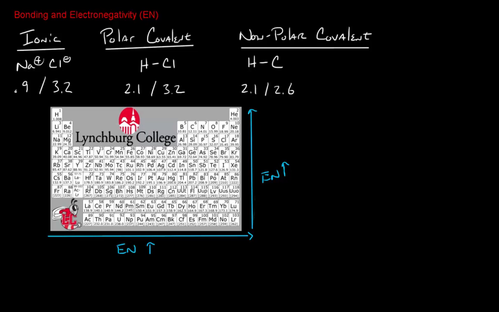From there you can draw an even more generalized trend, which is that as you go diagonally on the periodic table as a whole, there are exceptions, but electronegativity also goes up as you go diagonally from the bottom left to the top right.